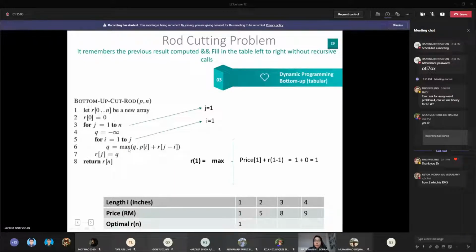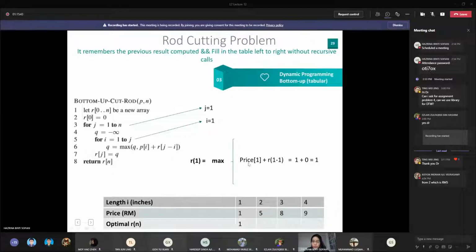Q is the maximum revenue for that particular n, which is the maximum of price i. So currently i is 1, plus r of j minus i.